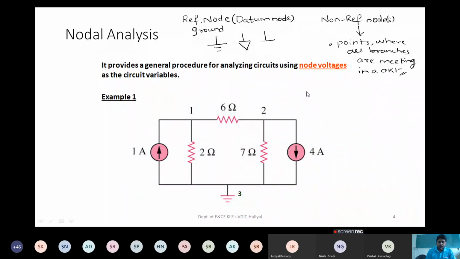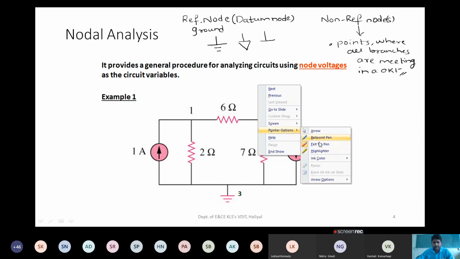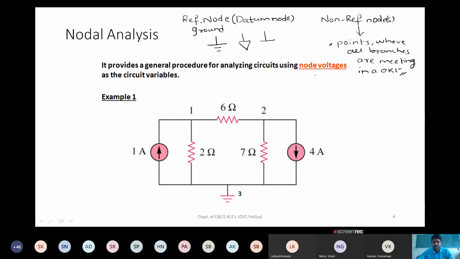So I was talking about this non-reference node. Now coming to this circuit here, if you study this circuit, you should select a point or node as a reference node where the maximum components, I repeat, maximum components are meeting at the same point.